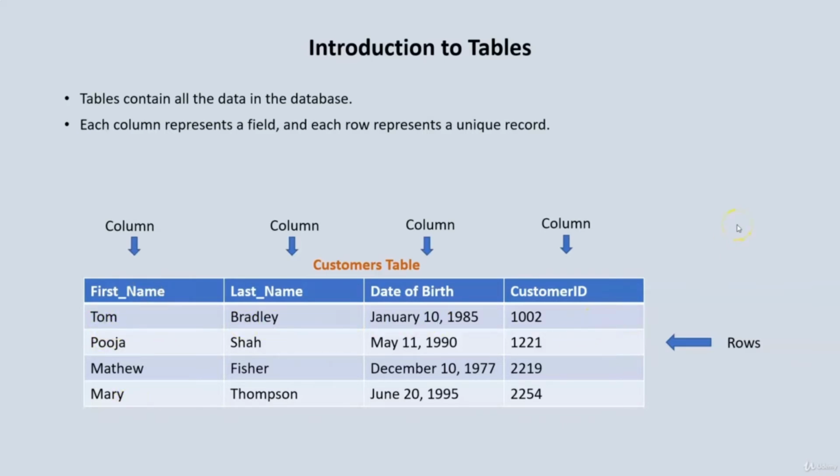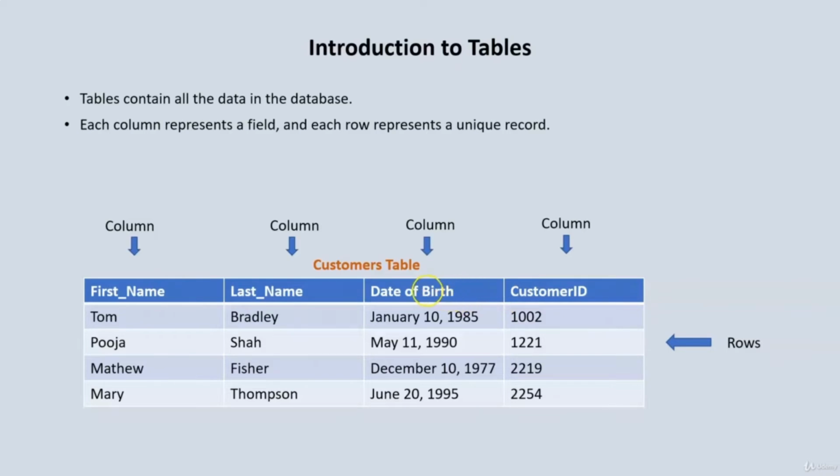Earlier on we talked about data types, and we can see how this table is structured with different data types. We have the string data type because this contains character values. So the first name and the last name contain character values, which makes them a string data type. If we look at the date of birth, this contains information about dates.